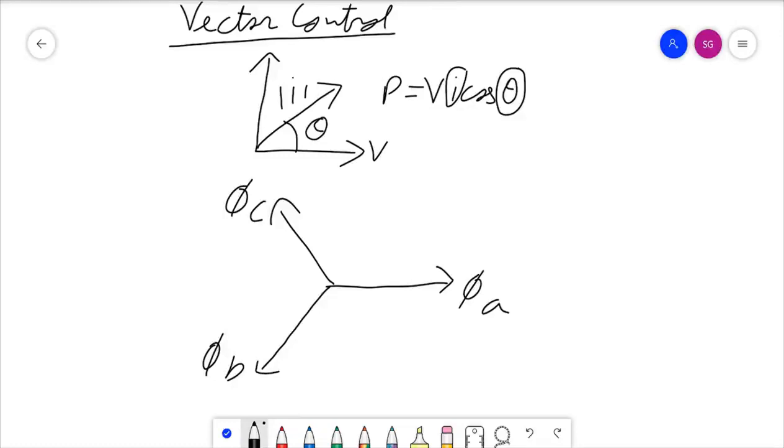So the resultant flux, phi, will be equal to phi A plus phi B plus phi C. Here phi is the resultant flux generated by all phases.